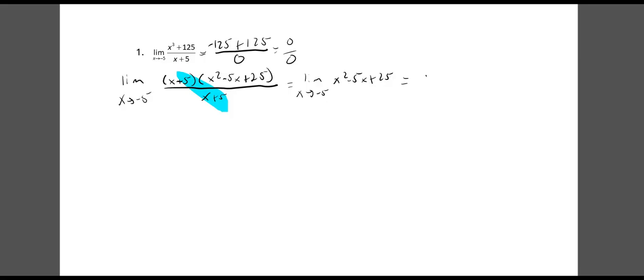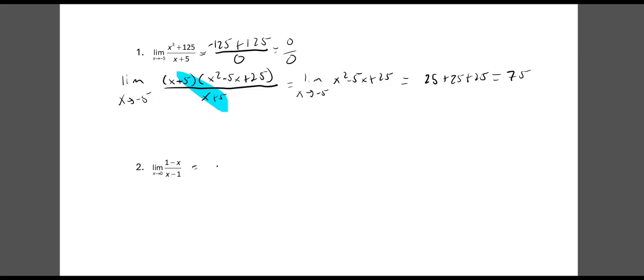Plug in -5. You get 25 plus 10 plus 25, which is, I'm sorry, that would be 25. -5 times -5 is positive 25, so 75 right there. My bad.